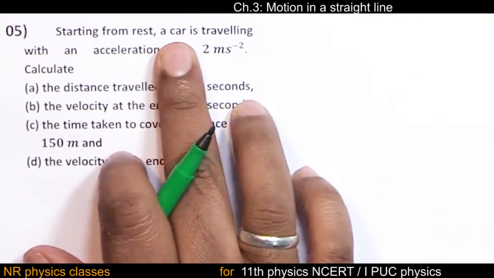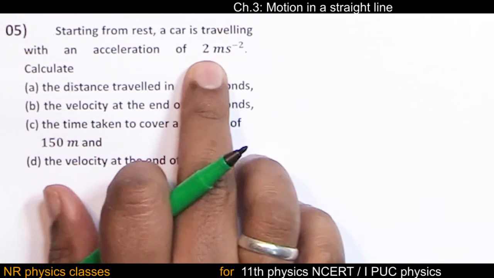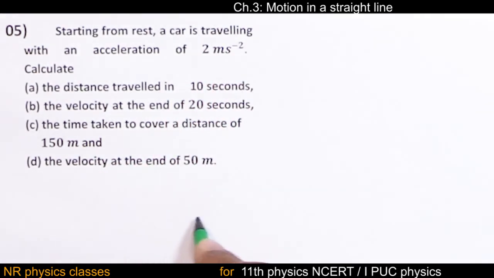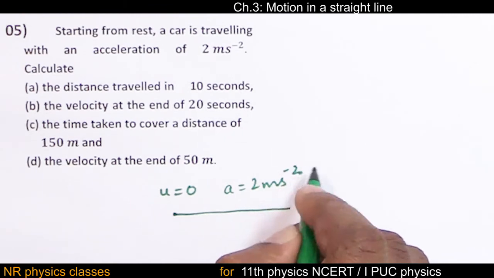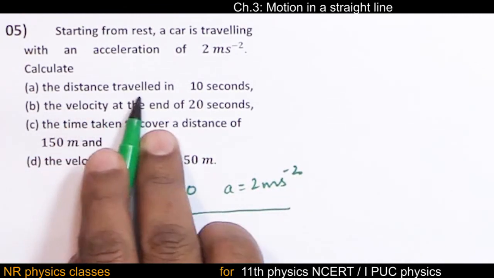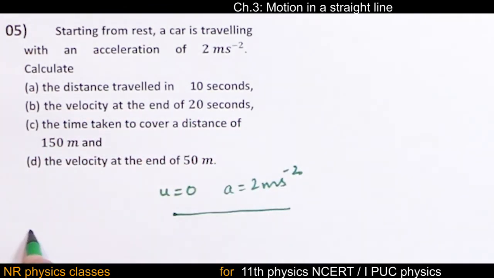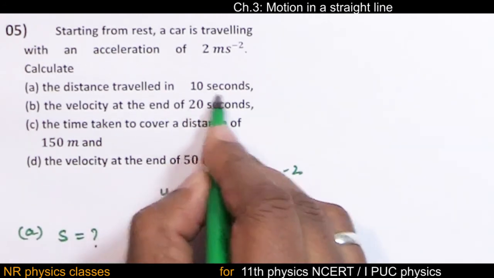Starting from rest, a car is traveling with an acceleration of 2 meter per second square. So initial velocity is 0, acceleration is 2 meter per second square. The distance traveled in 10 seconds. First one, distance traveled S in 10 seconds.